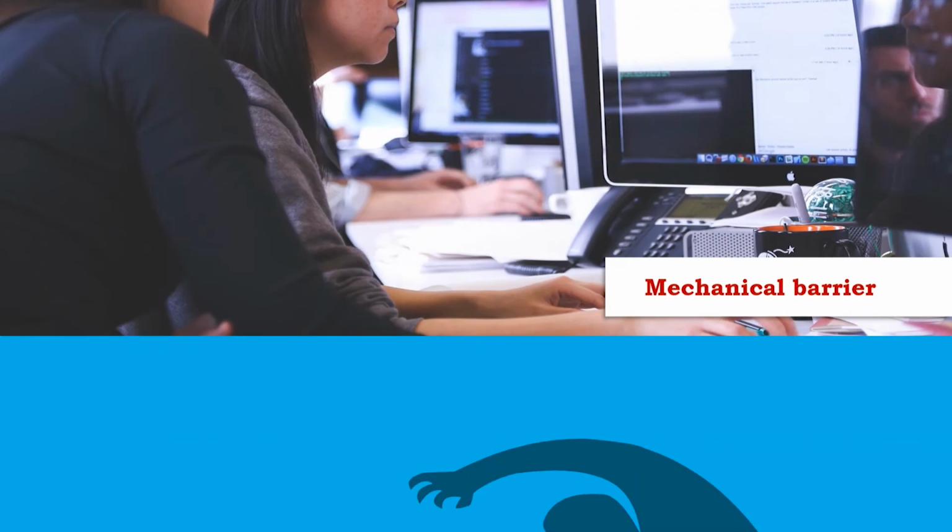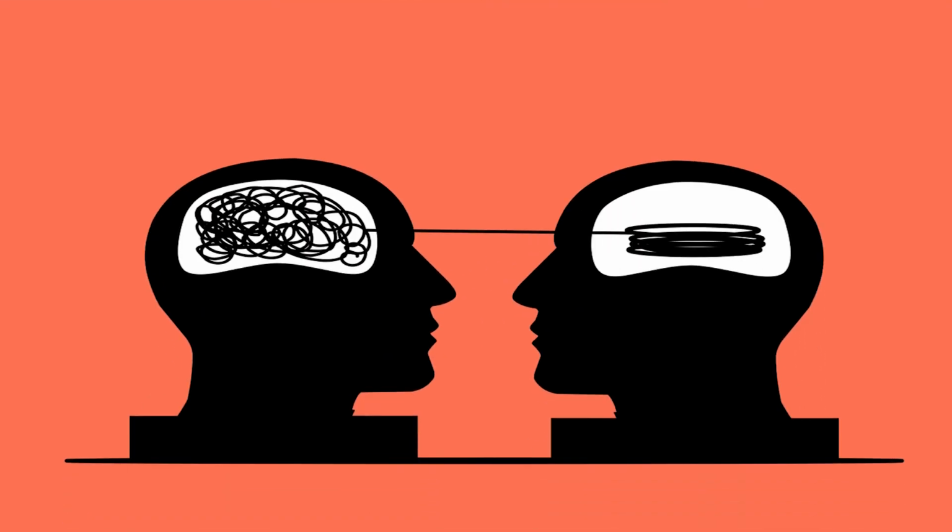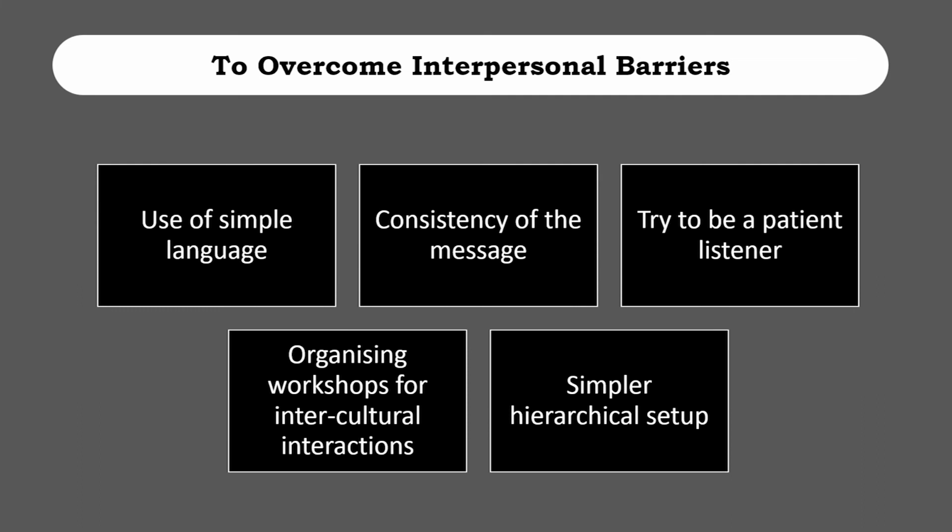How do you overcome these? If it's psychological and physiological barriers, you have to take external help. And to overcome interpersonal barriers, use simple language, be a patient listener, there should be workshops, and there should be a simpler hierarchical setup.